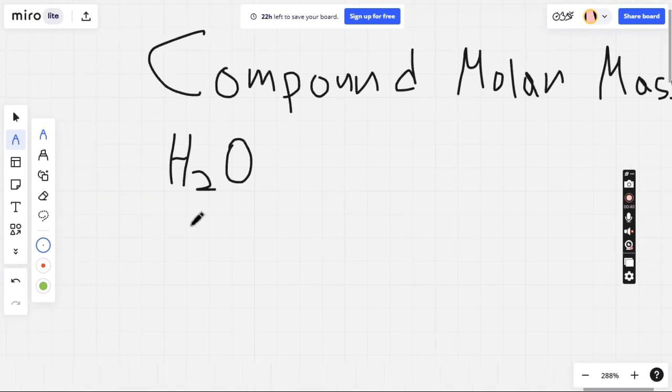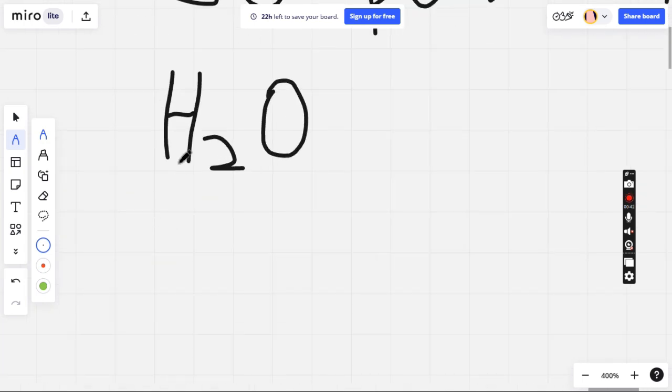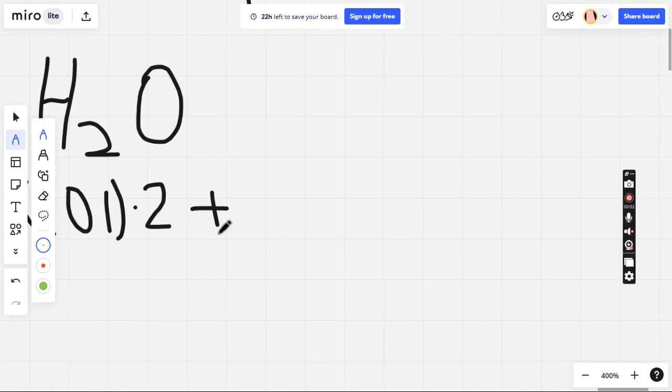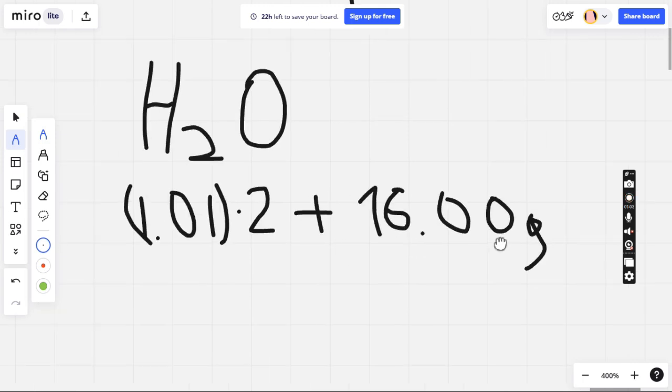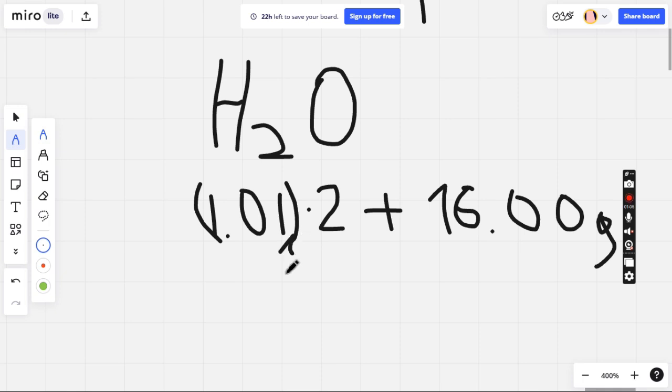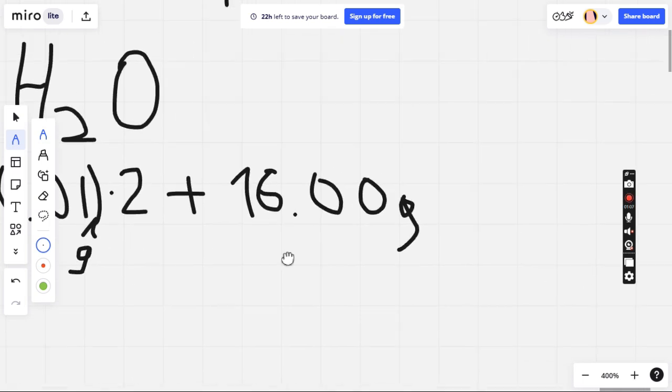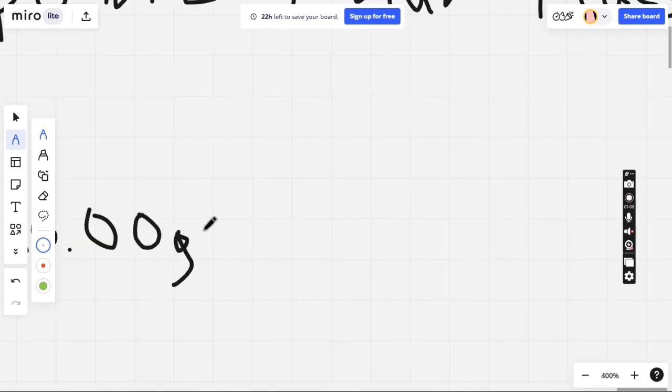So what you would do is just add their molar masses. There are 2 hydrogens, which means 1.01 times 2, plus 16.00 grams. Let me put a little thing for grams here. So how much would that be?